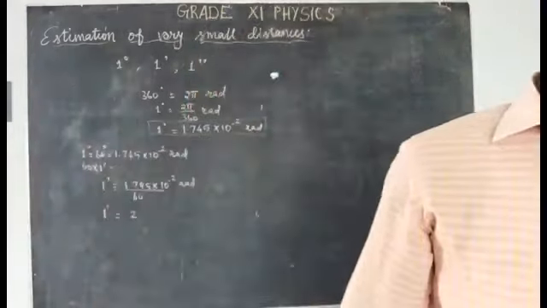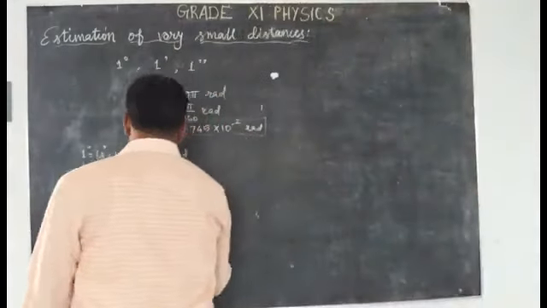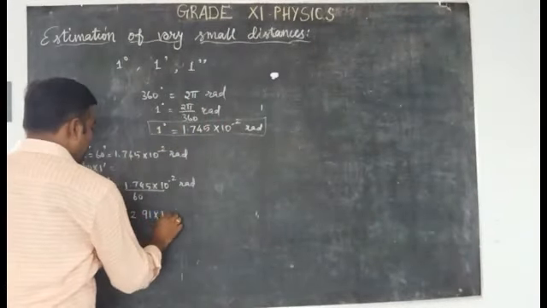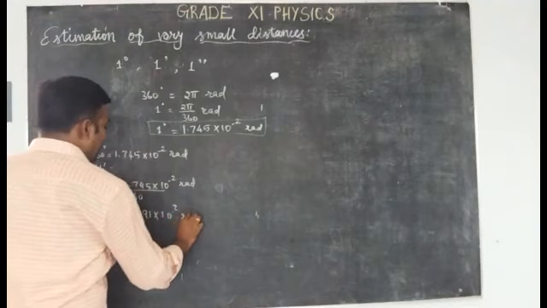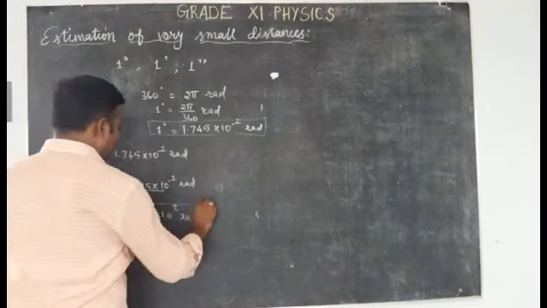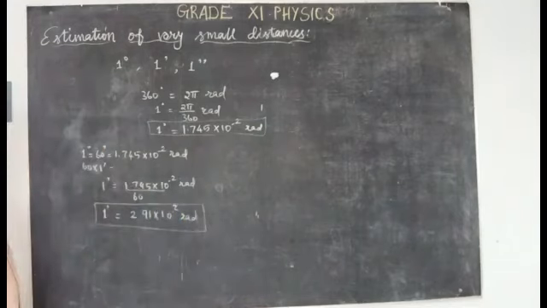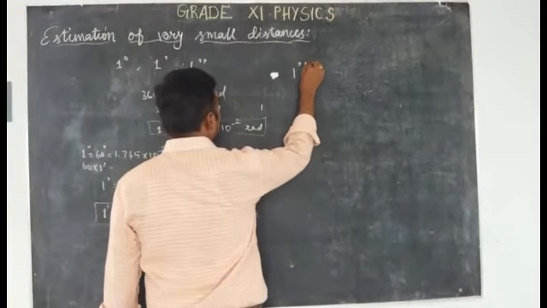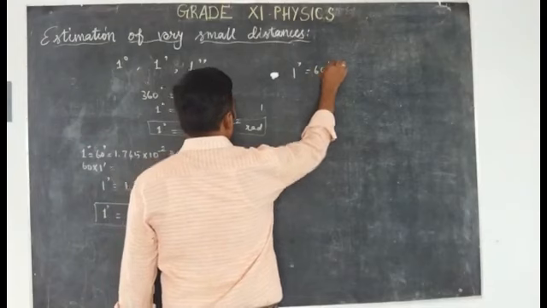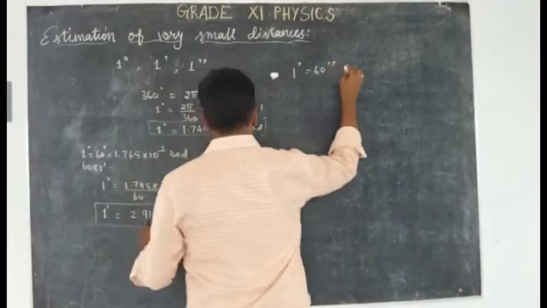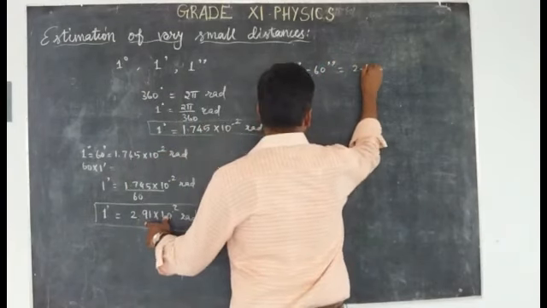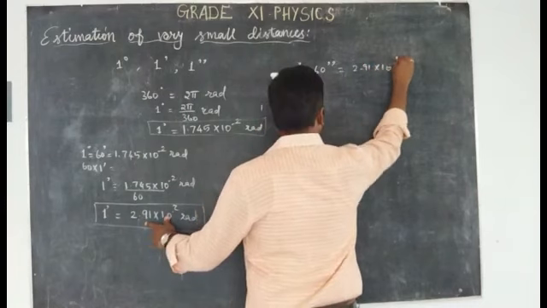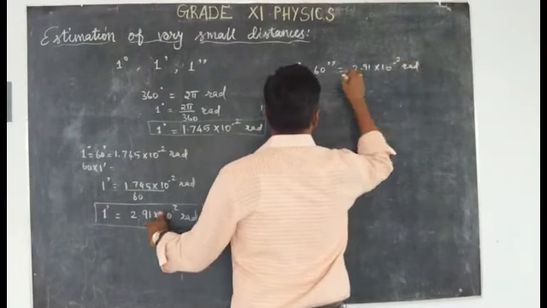Then the 1 minute value is 2.91 into 10 to the power minus 4 radian. This is the value of 1 arc minute. But 1 arc minute is equal to 60 arc seconds. What is the value? 1 arc minute is 2.91 into 10 to the power minus 4 radian.